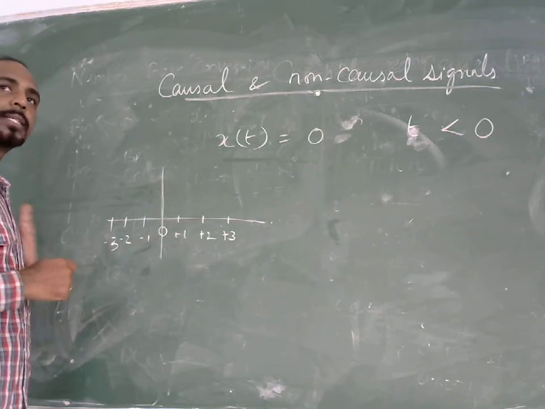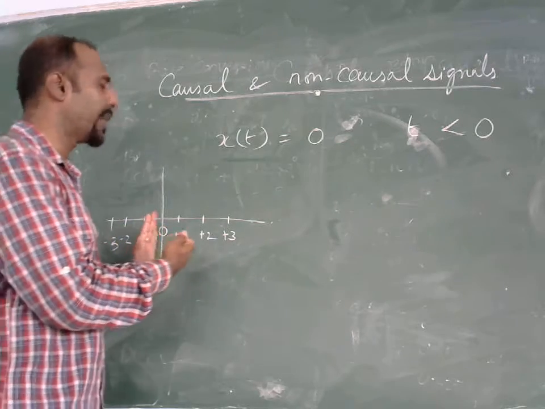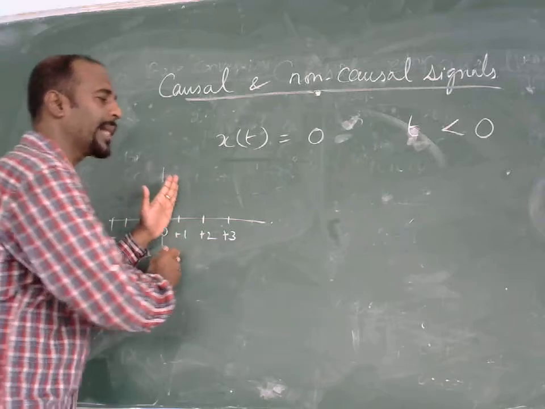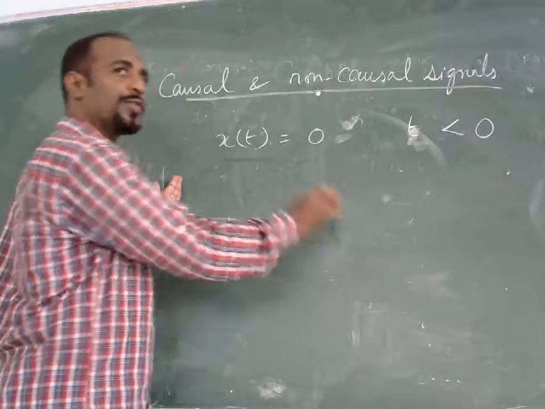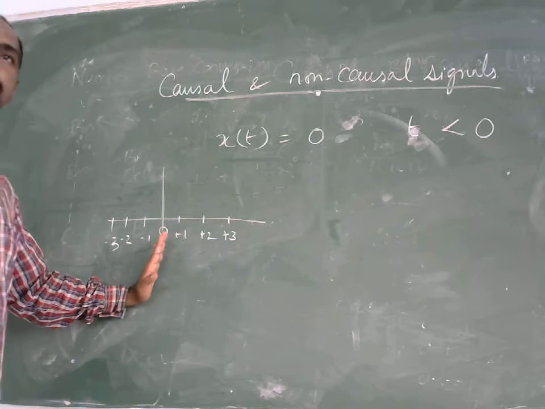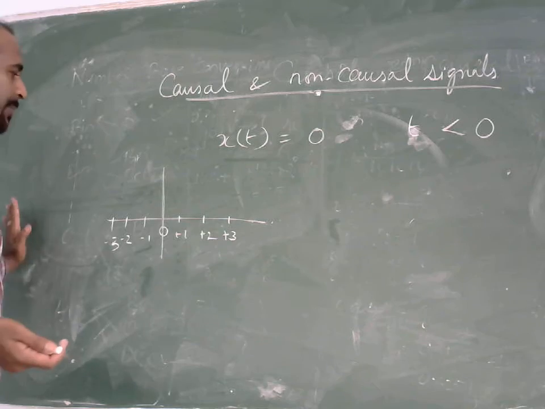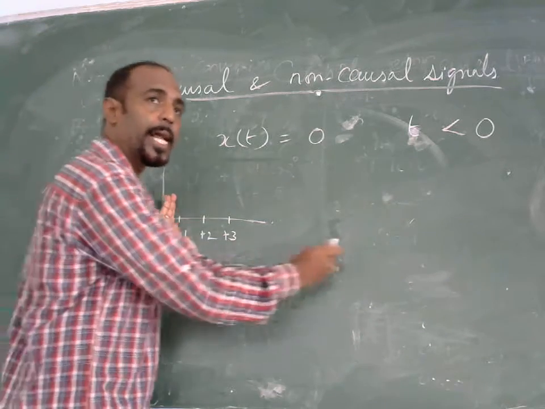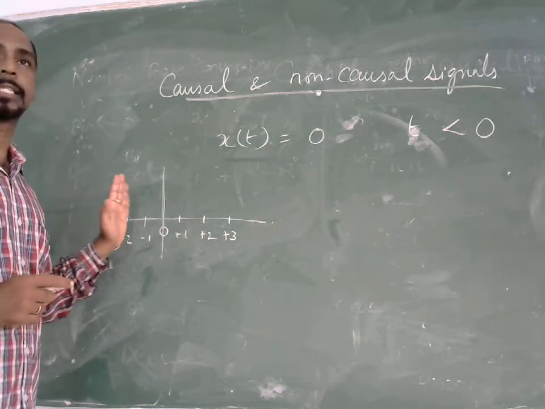As from the basics of signals and systems, we have understood that a delay in a signal will shift it to the right of 0, and an advance in a signal will shift it to the left. Therefore, the signal can be delayed, but it cannot be advanced. That is what it says.